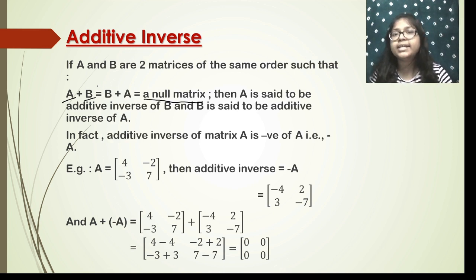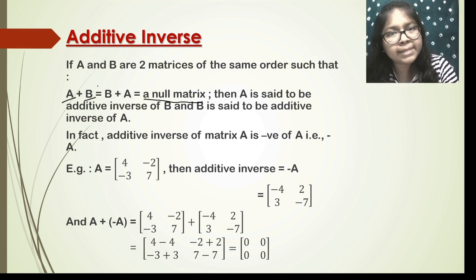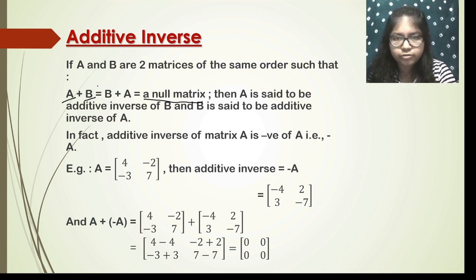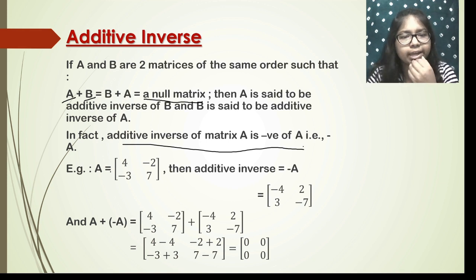Guess what can be the additive inverse of a matrix? What will you add to a matrix to make it zero or null matrix? Yes, of course, the negative of that matrix. So negative of that matrix is the additive inverse of a matrix. This is only written here. Additive inverse of A is minus A. Additive inverse of A, whose elements are 4, minus 2, minus 3, 7, is of course minus 4, 2, 3, minus 7. 4 is positive, it will become negative.